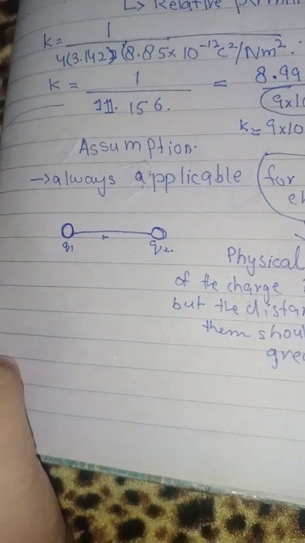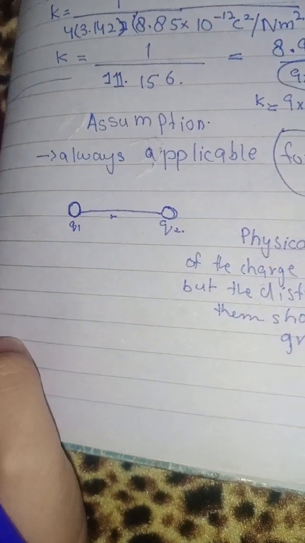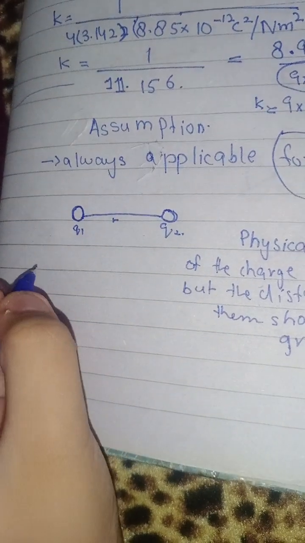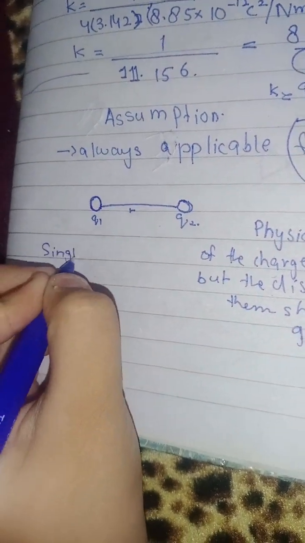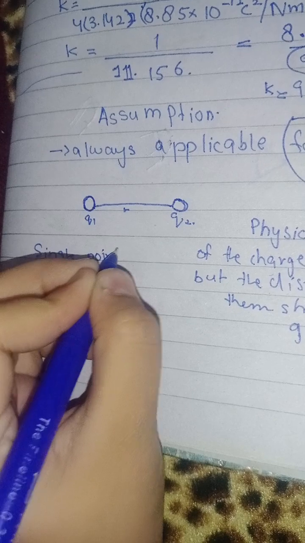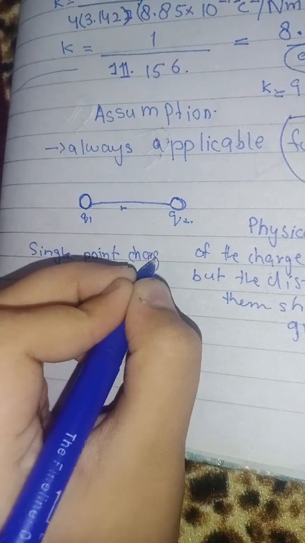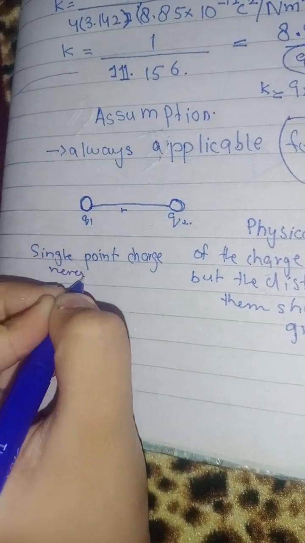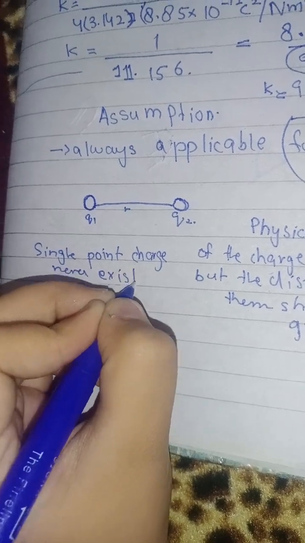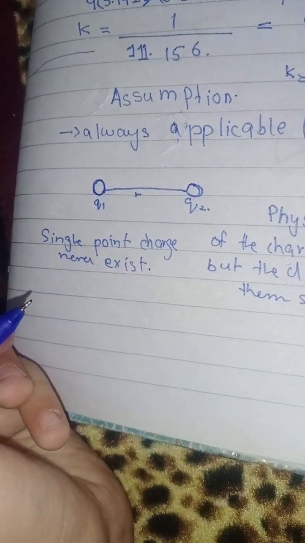Now the second point says that a single point charge never exists. What does it mean?